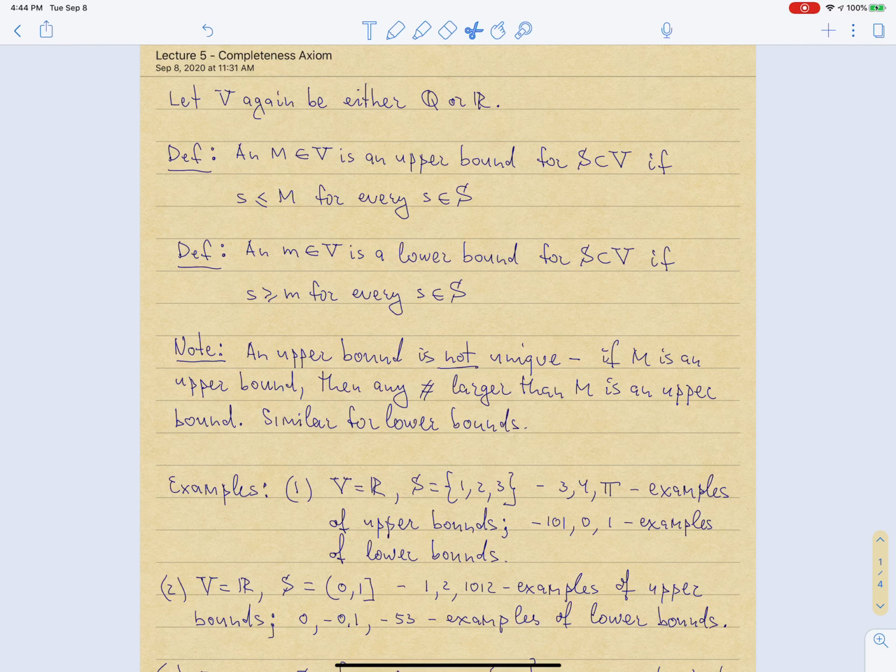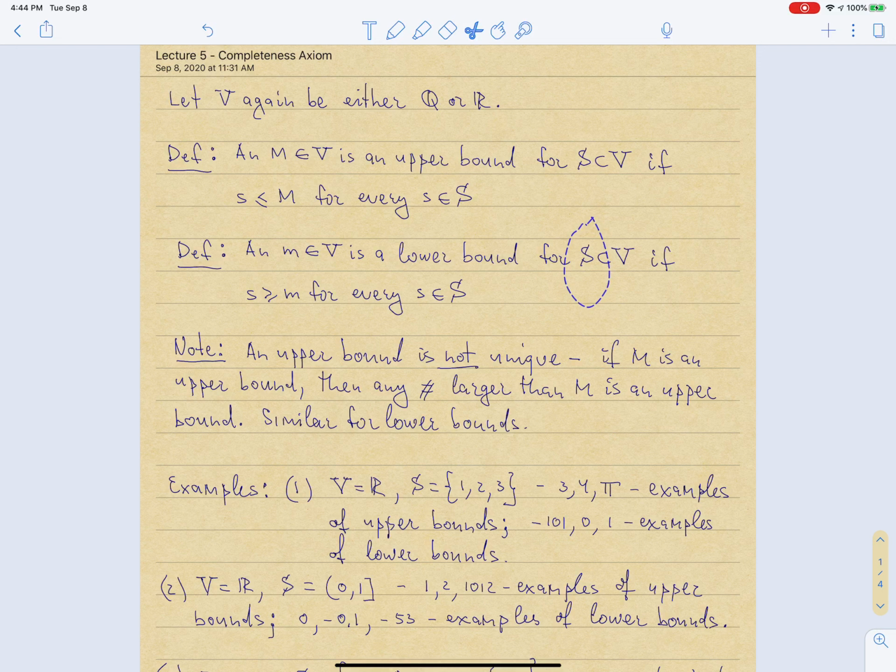Likewise, symmetric to this, little m in the set V is a lower bound for the set capital S, provided that s is greater than or equal to this lowercase m for every s in capital S.